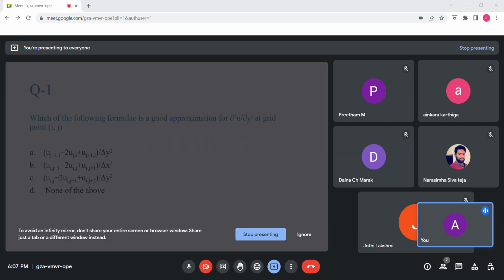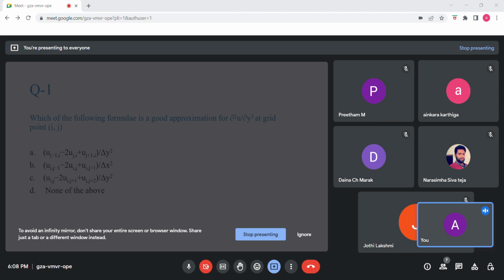This is question one. In this question, it is mentioned: which of the following formulae is a good approximation for ∂²u/∂y² at grid point (i, j)? So we all know how to approximate partial differential equations.